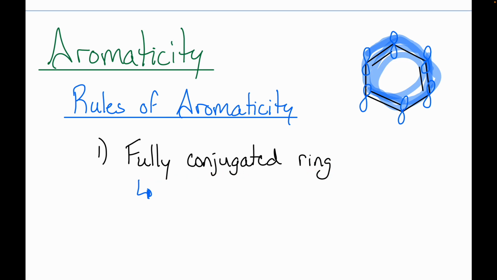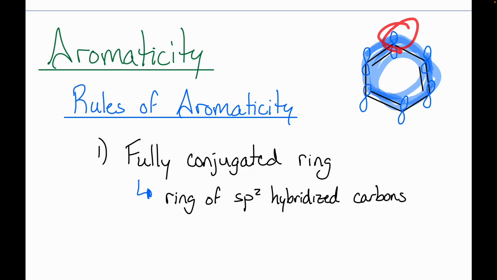So how do we spy whether we have a fully conjugated ring? That means we have a ring of sp2 hybridized carbons. It's those p orbitals in my ring that are allowing those electrons to move, right? So that's how we make sure that we have this fully conjugated ring here.